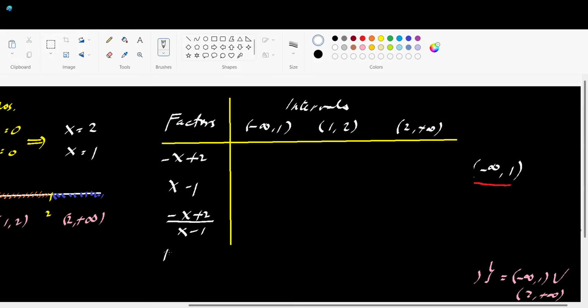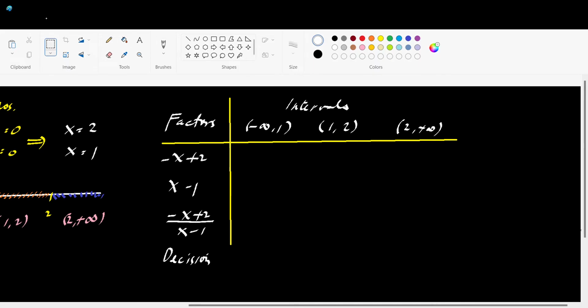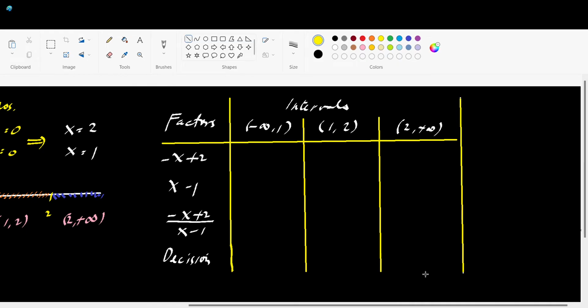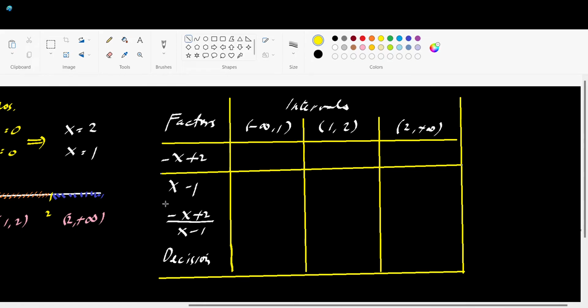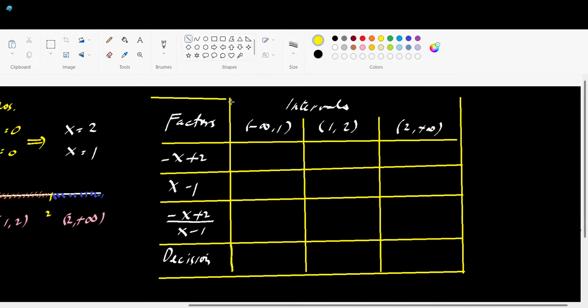And then we write here the decision, whether the interval is in the solution set or not. So that's a nice table.